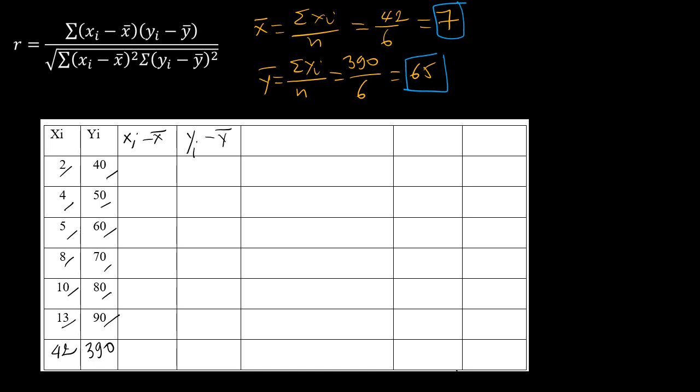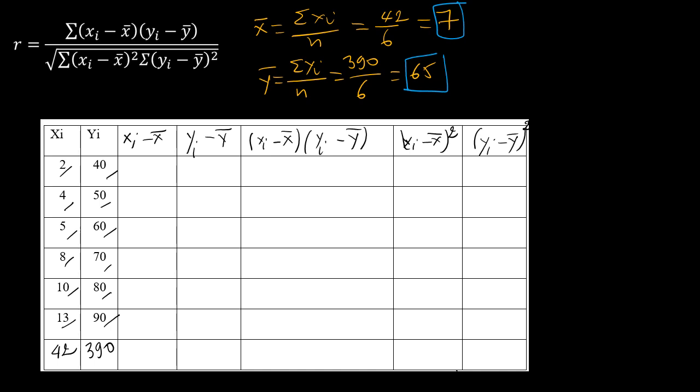The next column is going to be the products of x values minus the mean of x and y values minus the mean of y. The next column is going to be x minus x bar squared, and the last and final column here is going to be y minus y bar squared.